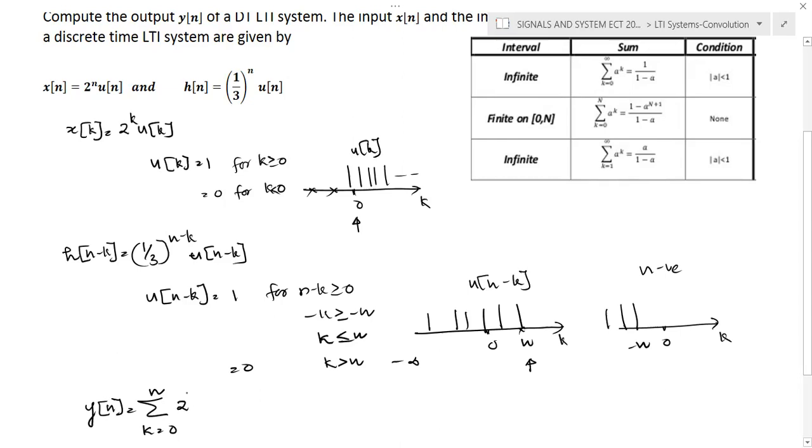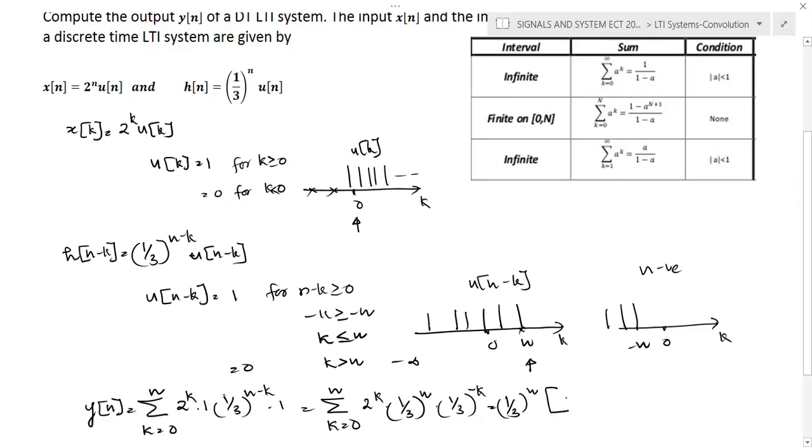The first signal is 2 raised to k into 1, and the second signal is 1 by 3 the whole raised to n minus k in this limit, into 1. If you simplify this, it becomes sigma k equals 0 to n of 2 raised to k, and if you split this, 1 by 3 the whole raised to n into 1 by 3 the whole raised to minus k. Since k is the summation variable, you can take 1 by 3 raised to n outside.